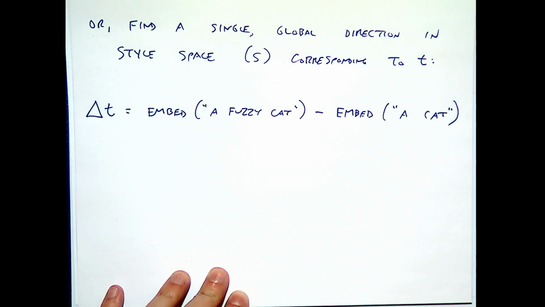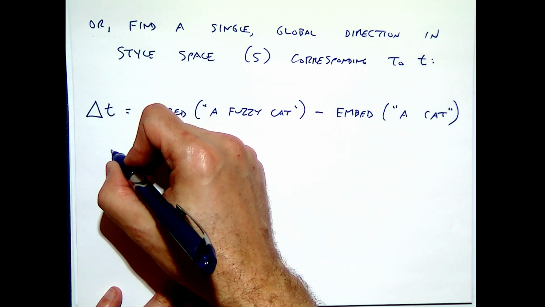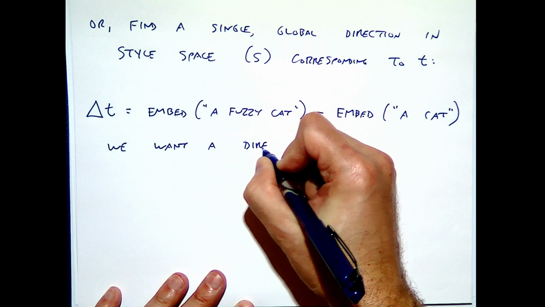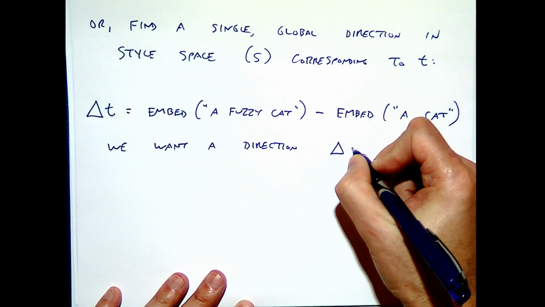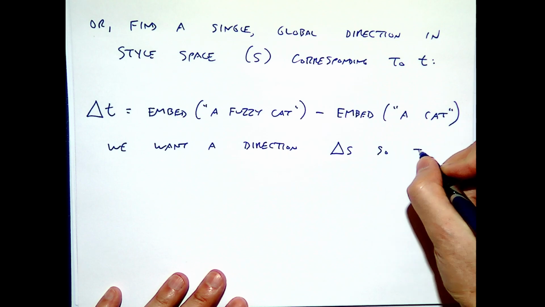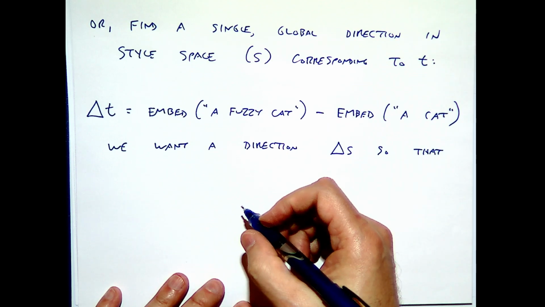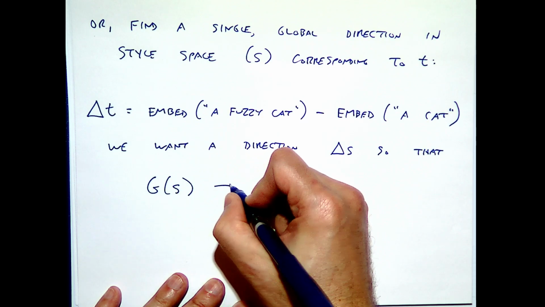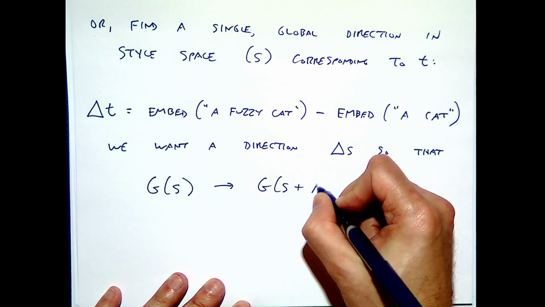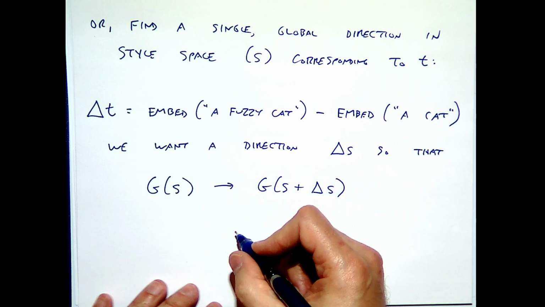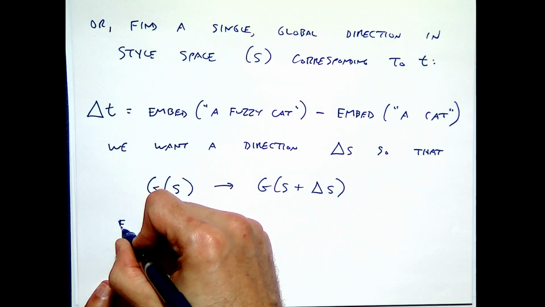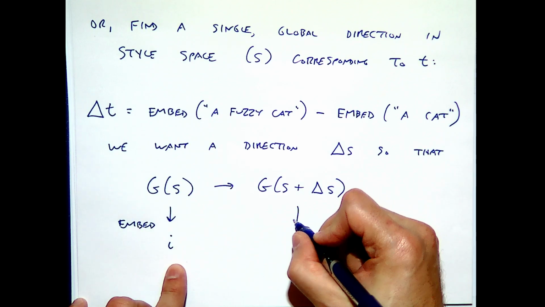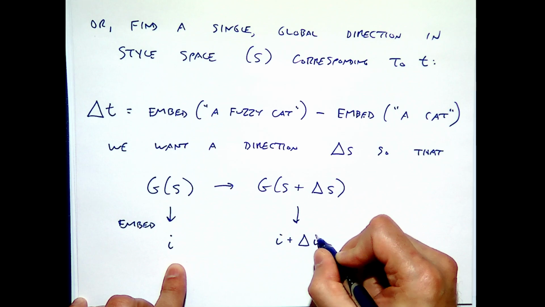Okay. And then what I want is a direction delta S in style space so that if in my generator I take the original image and move in the direction of delta S, and I embed, again using CLIP, this is my embedding vector here, and this is my embedding vector here.